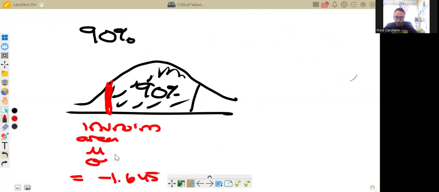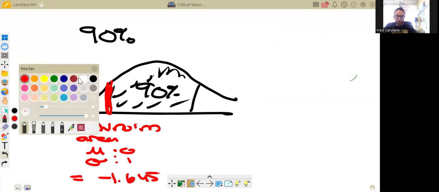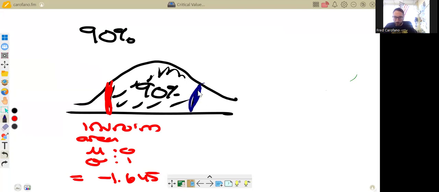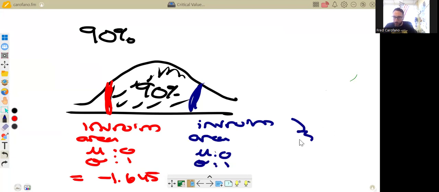Mu and sigma still 0 and 1 for z-scores. And then if instead we're talking about this blue spot, think about again, if we used inverse norm, what would the area be? Mu and sigma still 0 and 1 for z-scores. And if you do this correctly, you should get positive 1.645. So think about that. But again, I really think the key here is to draw the picture.